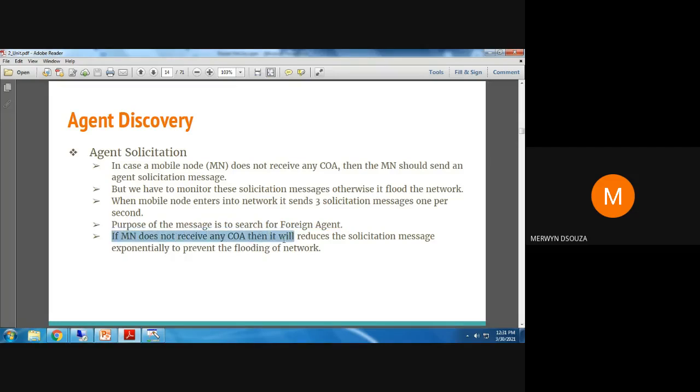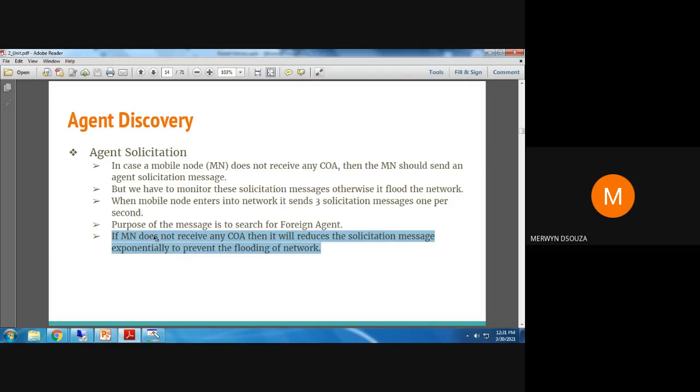Suppose it is not finding a foreign agent, then it won't keep sending such messages because it will flood the network. If it's not finding any response to its solicitation messages, then it will try to reduce the rate of sending such messages in order to prevent network flooding.